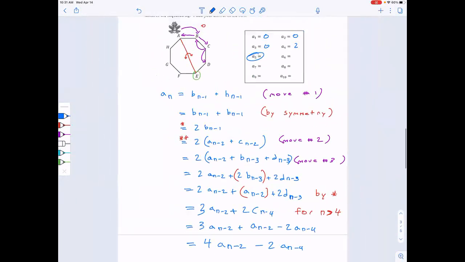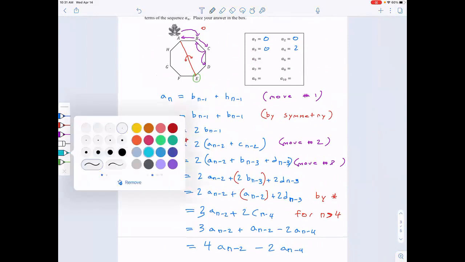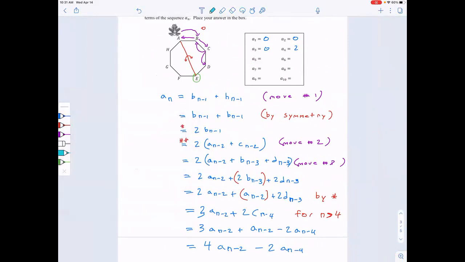And now we can go back to our chart at the top, and we can count these in a very reasonable mechanical way. So what it says is, to get a sub 5, we would look 2 steps back and multiply by 4, and then look 4 steps back and multiply by 2 and subtract.